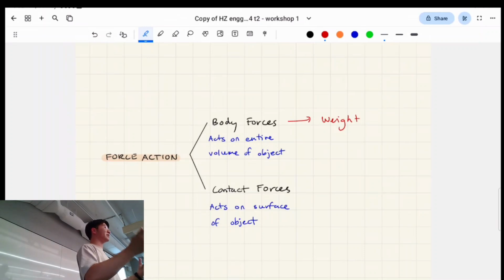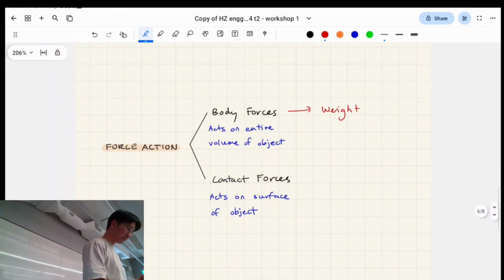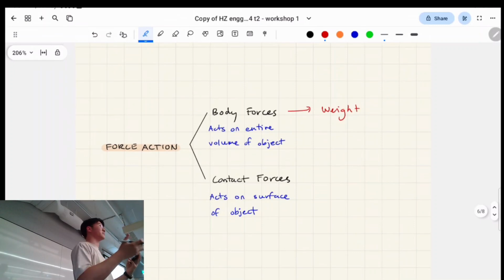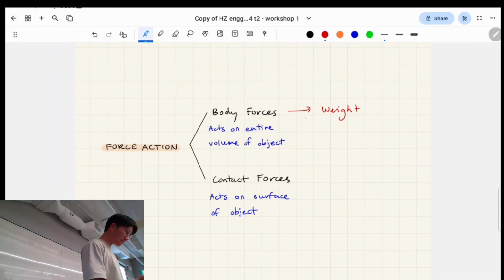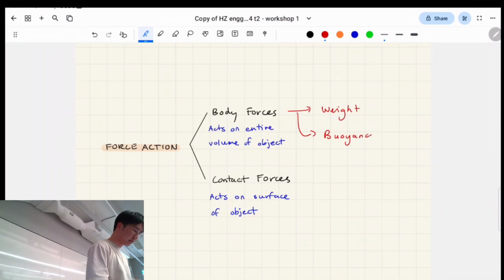Weight will always be there. It's probably the primary load that you're going to be looking at, and that acts throughout the entire volume of an object, right? The second one is buoyancy. So you probably won't deal with this until fluid mechanics if you're doing that. But yeah, buoyancy is what causes boats and stuff to float on the water.